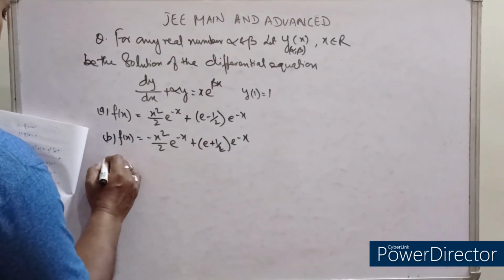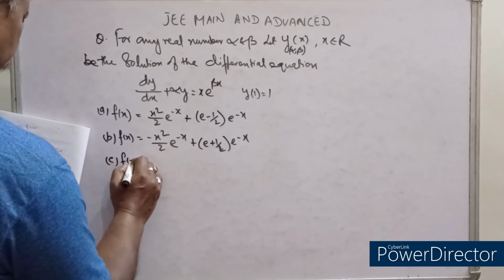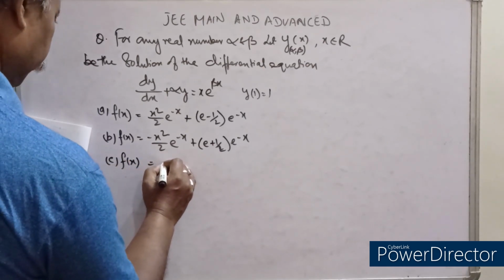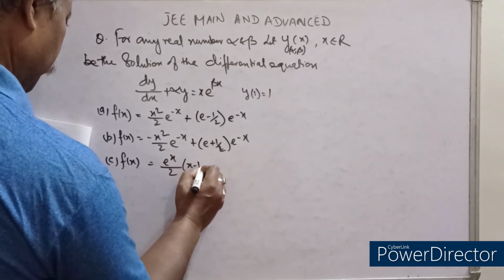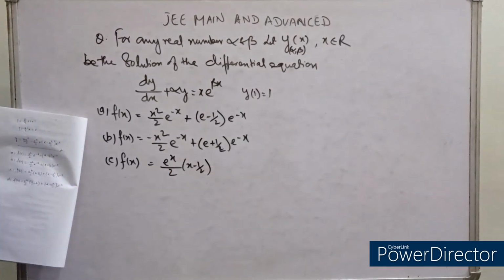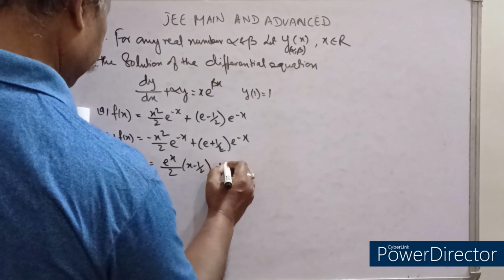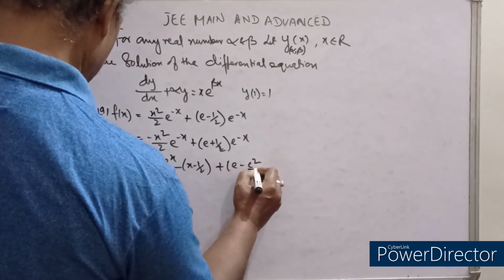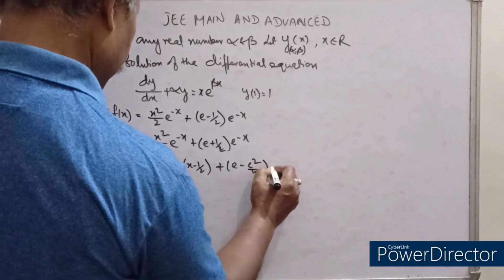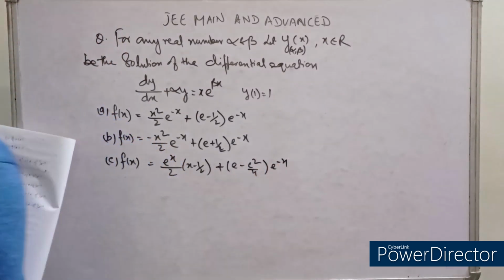Option C, f(x) = e to the power of x by 2 (x minus 1 by 2) plus (e minus e squared by 4) e to the power of minus x.